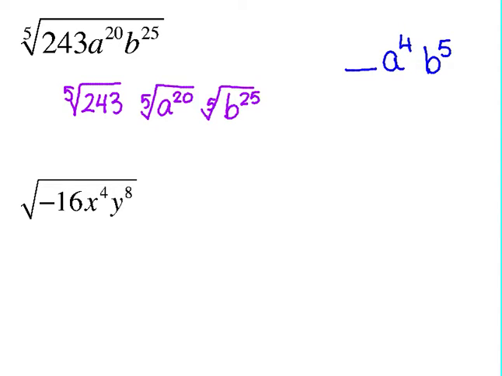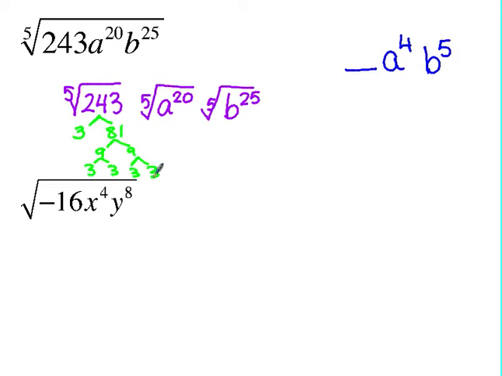And so now the last thing I need to find is what the 5th root of 243 is. So we're going to break this down just like we did when we had square roots. I know that 243 is divisible by 3 and 81. I know that 81 is divisible by 9 and 9. I know that 9 is 3 and 3, and 3 and 3.